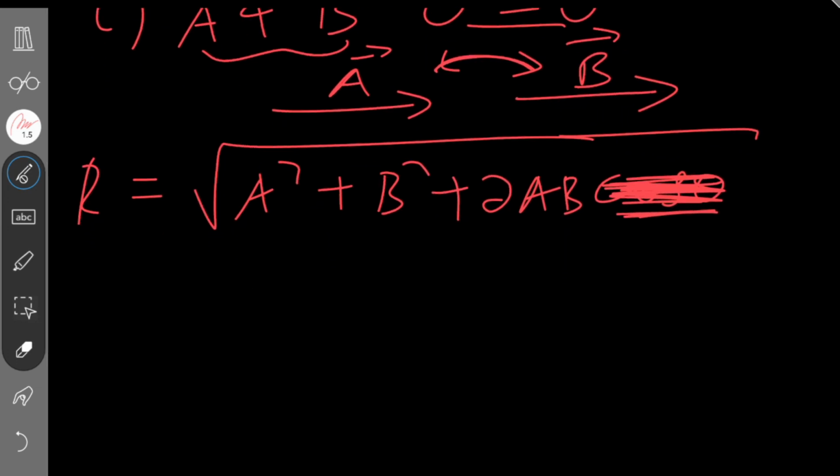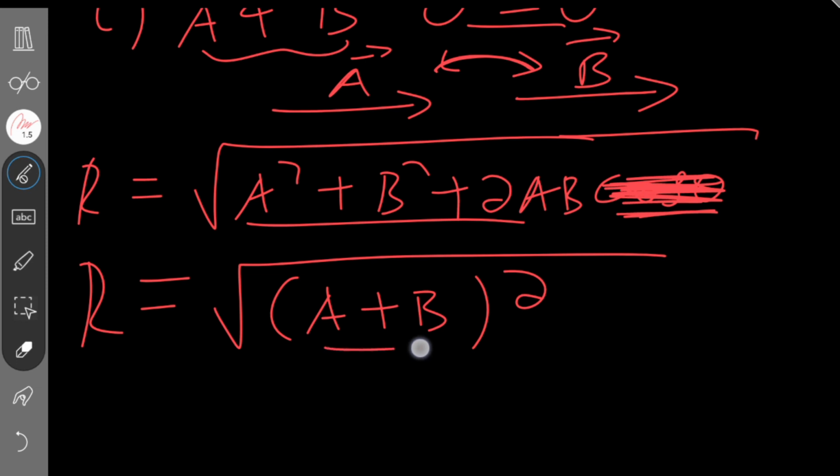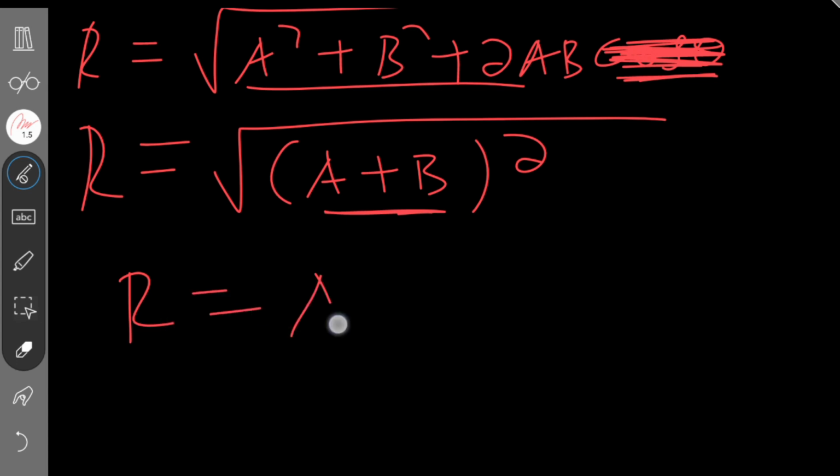ስለዚህ ምን ይመጣልኛል? r is equals to under root a square plus b square plus 2ab. Then by using factorize ሳረገው እንደዚህ መጻፍ እችላለሁ a plus b the whole square አርጌ መጻፍ እችላለሁ rን። Then ይሄ ከአንደር ሩት መውጣት ይችላል ስኩዌር ስለሆነ ሲንግሉን አወጣዋለሁ። r ምን ይሆናል? a plus b.